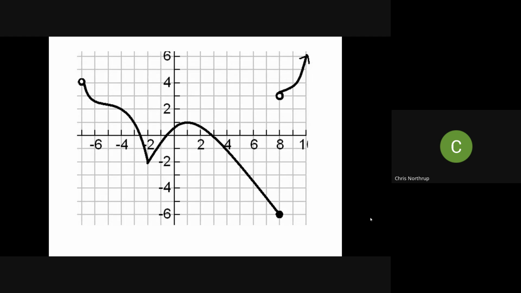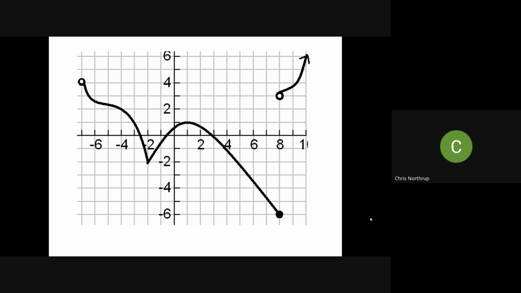If we take a look at, say, this graph, this is one that we found a limit of when we first talked about limits. Here, this would be continuous on the interval from -7 up to 8, not including either one of those, and then continuous from 8 off to infinity, not including the 8. That's because I've got a hole in my graph at -7.